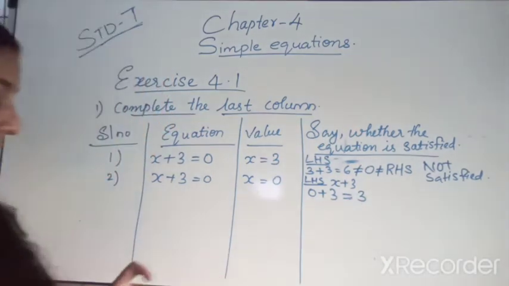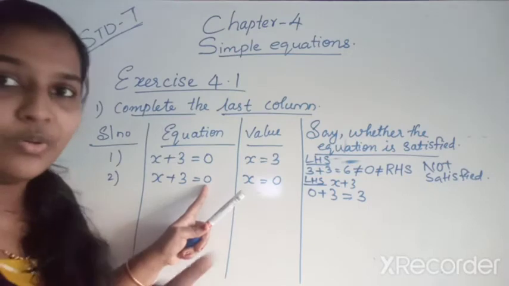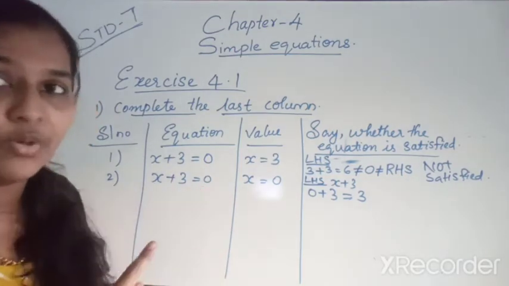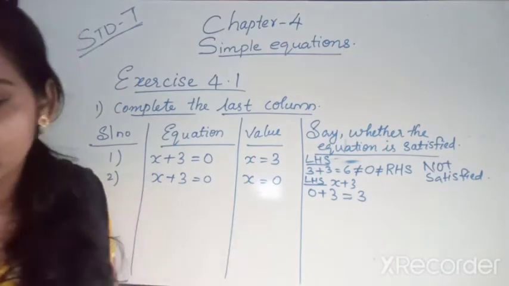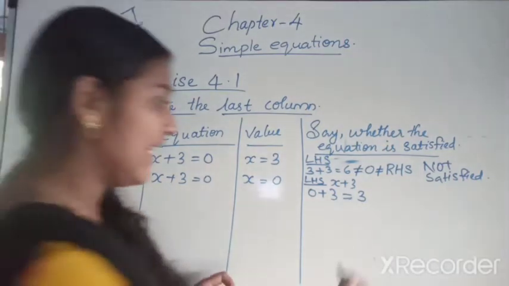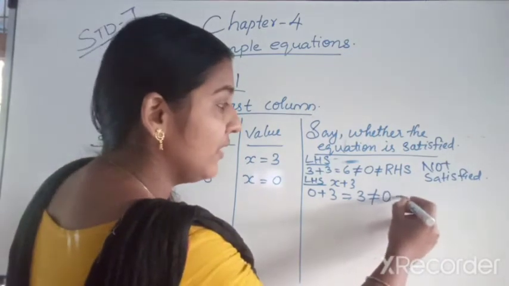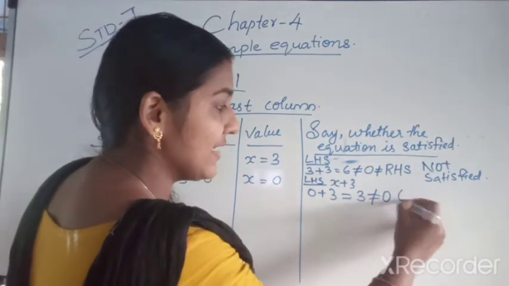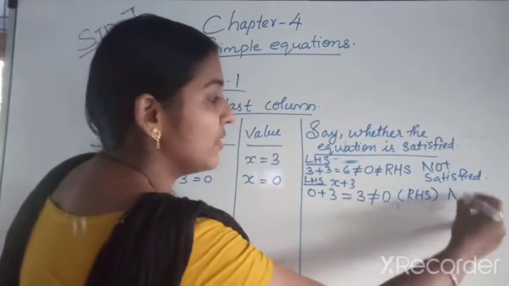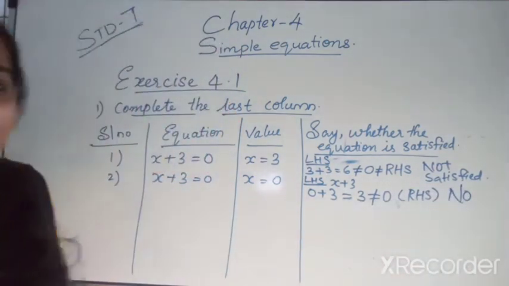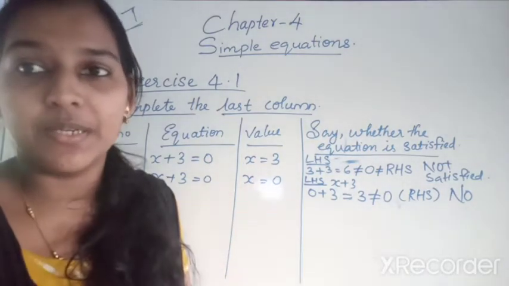Children, look, is it equal to RHS? No. Here the RHS is 0, but we got the answer 3. So this one is also not satisfied. You can write here it is not equal to 0, that is RHS, so write no. Now let's move to the next one.